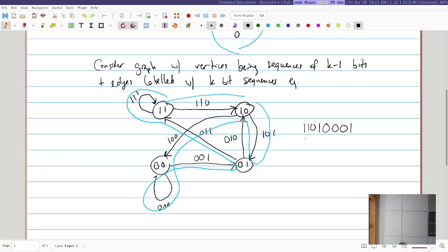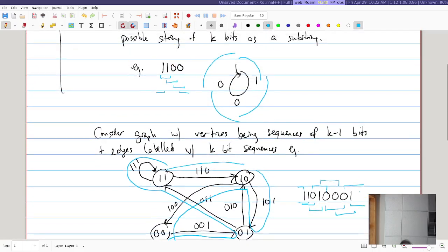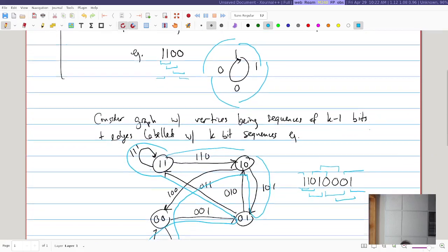So if you look at this, there's 1, 1, 0, there's 1, 0, 1, 0, 1, 0, like every possible string of 3 bits should be in there somewhere if you wrap it up. 0, 1, 0, 1, 1, and 1, 1, 1, 1. Anyway, it's just a little interesting aside. So this is one application of the idea of Eulerian paths.